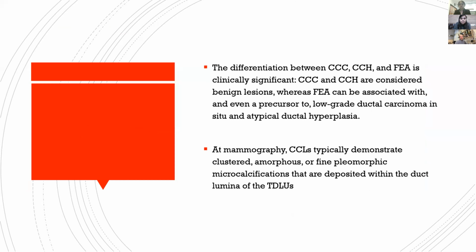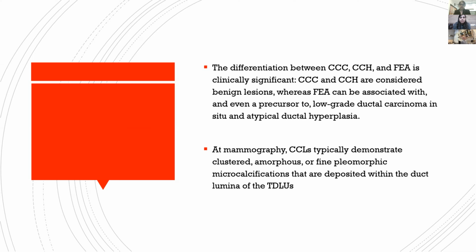Next slide, please. The differentiation between columnar cell change, hyperplasia, and flat epithelial atypia is clinically significant, as columnar cell change and columnar cell hyperplasia are considered benign lesions, whereas flat epithelial atypia is actually a precursor to low-grade ductal carcinoma and atypical ductal hyperplasia.